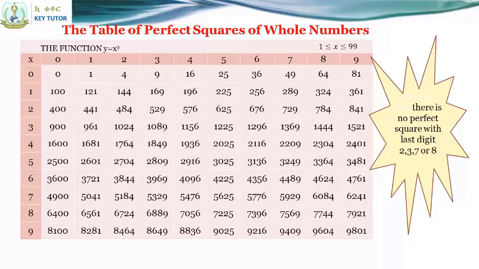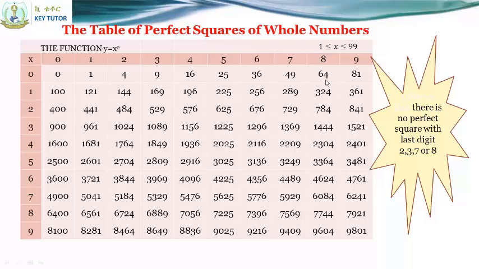Similar to the numbers in the column of 2 and in the column of 8 as well. The perfect squares in the column of 2 have last digit 4, and those in the column of 8 also have last digit 4.